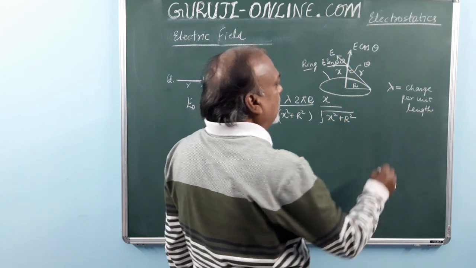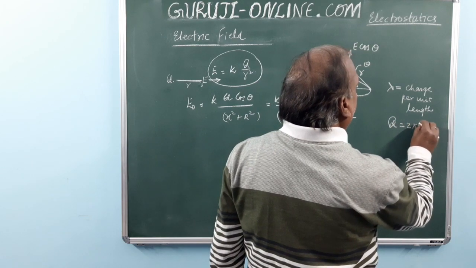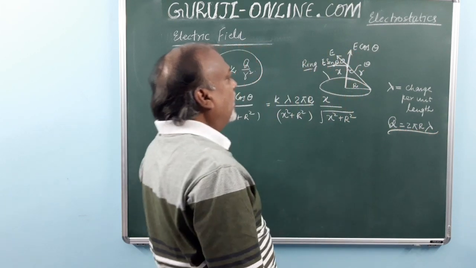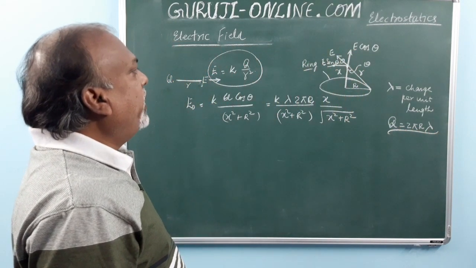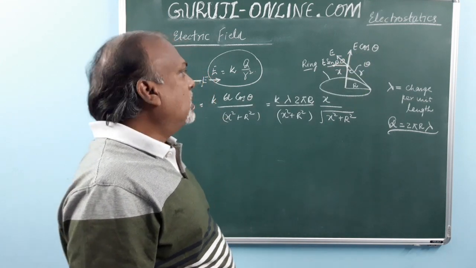That means the total charge on the ring is nothing but 2 pi r into lambda.